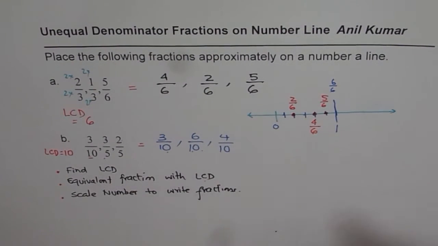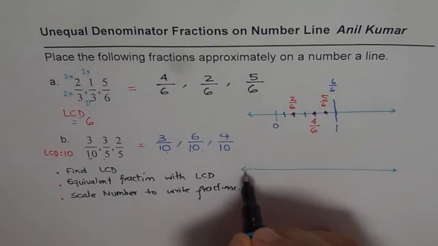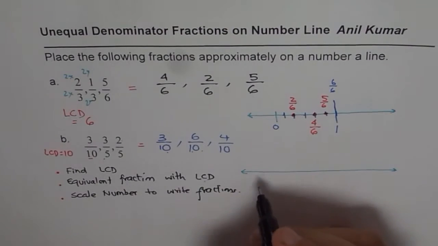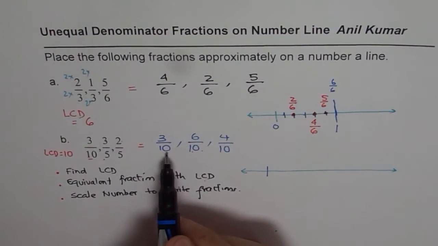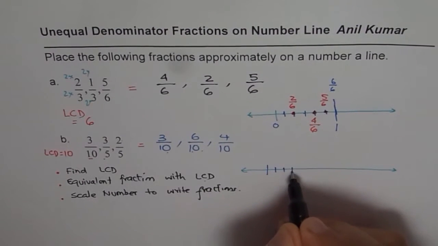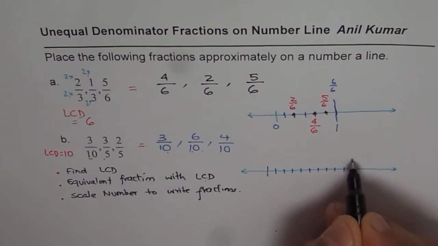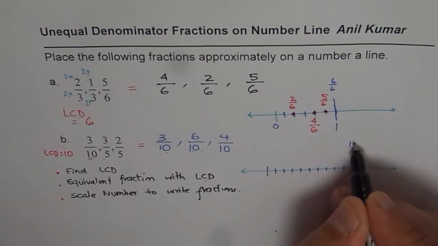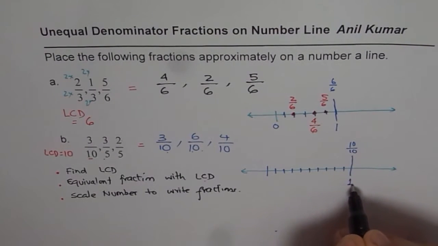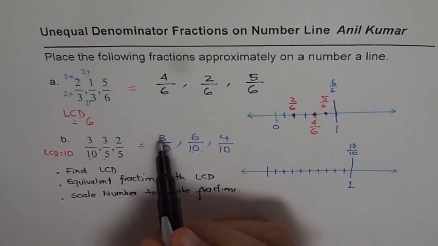Now in this case, let us again make our number line. But this time, what is going to be my smallest division? 1/10. Got the idea? So we have 1, 2, 3, 4, 5, 6, 7, 8, 9, 10. So that is 10 out of 10, or 1, correct? Now we can place these numbers one by one. 3 out of 10.